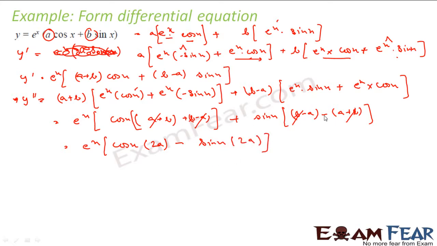Sorry, here you get 2b, here you get 2a. Correct? Or you can say that you can take 2 also common. So you get 2 into e to the power x into b cos x minus a sin x, and that is nothing but my y double dash.